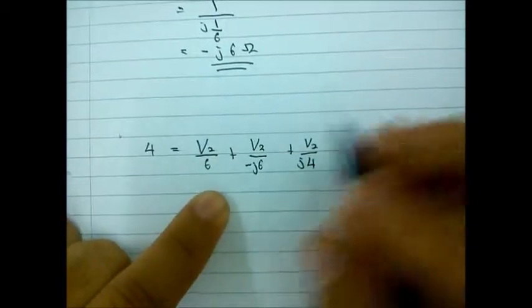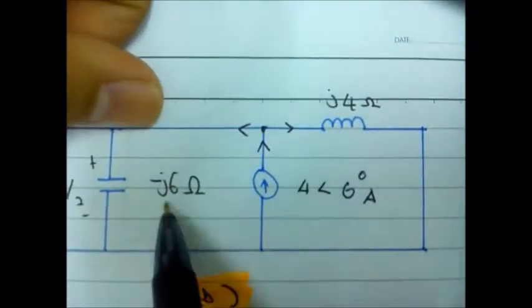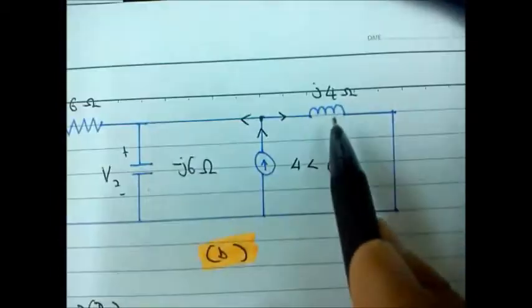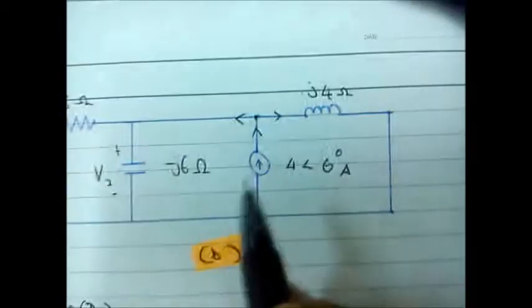This can all be obtained by referring to this figure: negative j6 over V2, j4 over V2, and here 6.